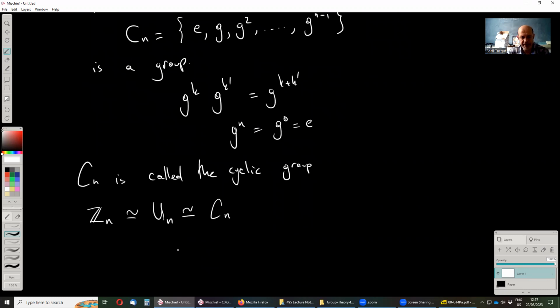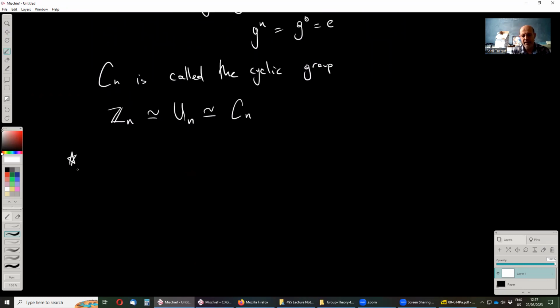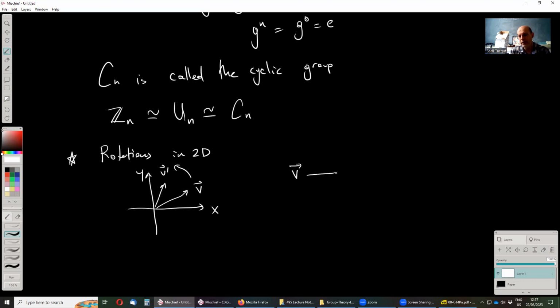There is one more group in here. It's not the symmetric group of an n-gon, but think about these rotation operations, right? Rotations in 2D. Each rotation operation can be considered as a transformation where a vector V is mapped into another vector V prime.